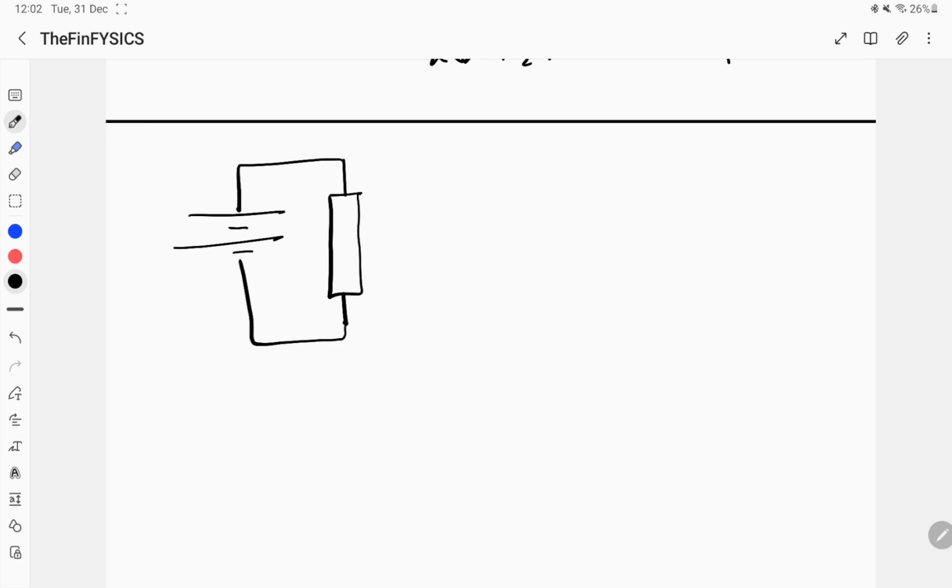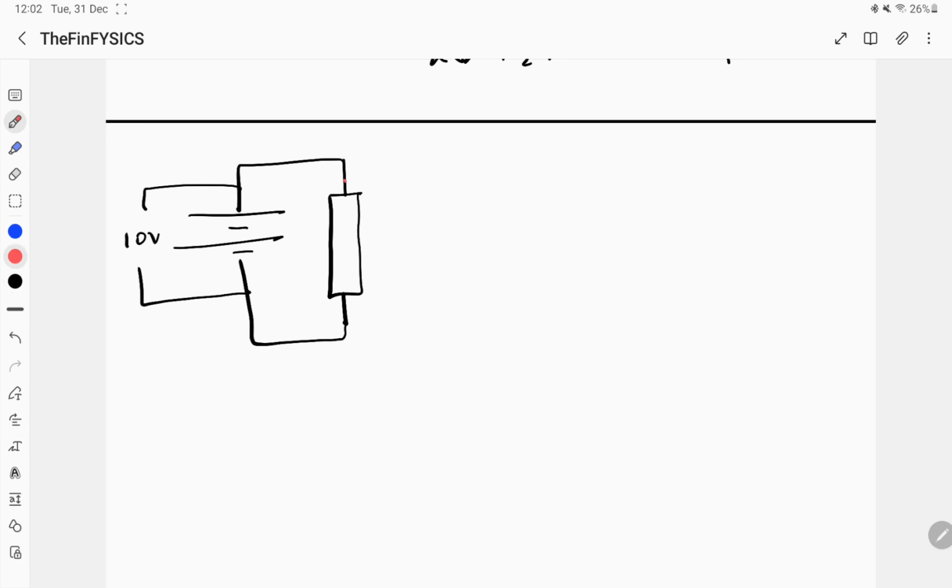Now another part where kids face a problem is where you have a fixed resistor connected to a power supply. So let's assume this is 10 volt.